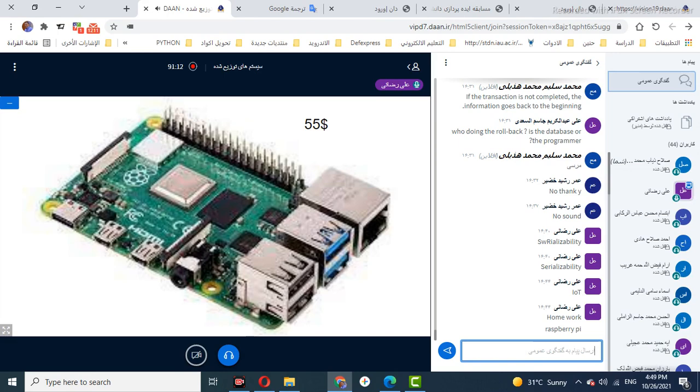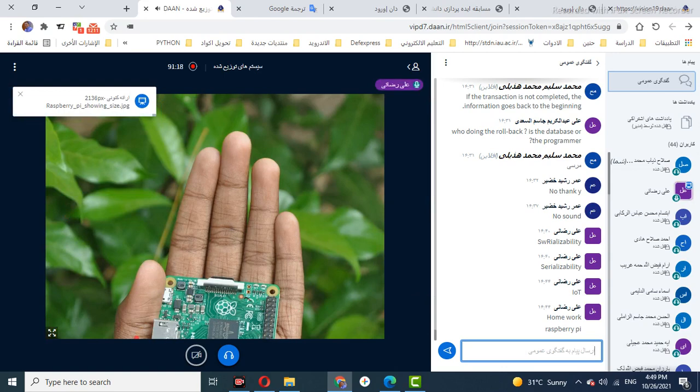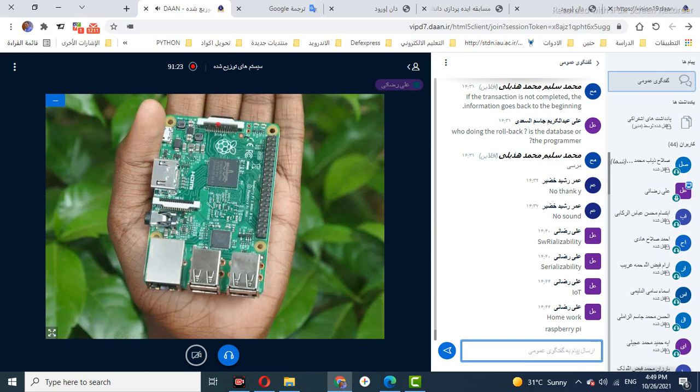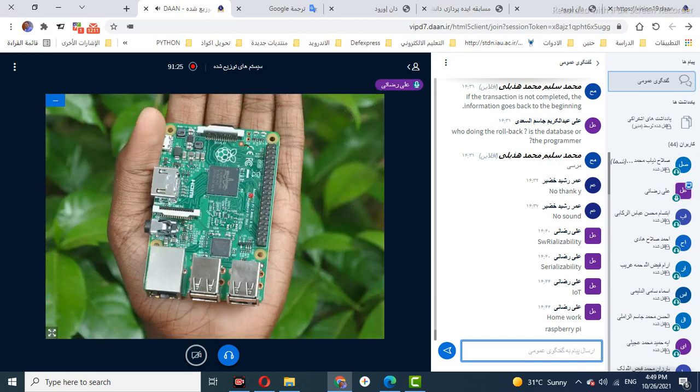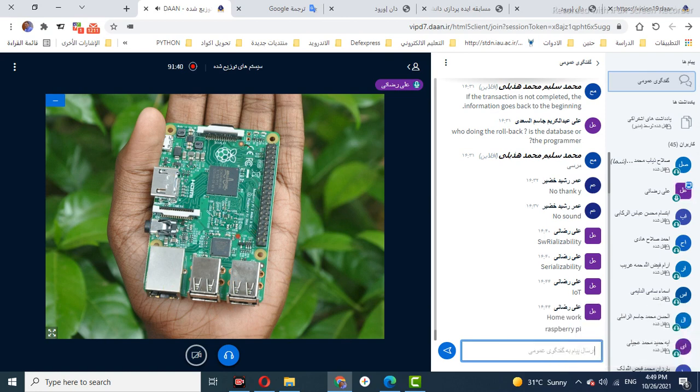Look at this image. This is the real size of a Raspberry Pi. You have HDMI here, you have the power port here, you have all different things here. This is a complete computer. You can use it without a box or case, and you can do anything you can do with your computer.